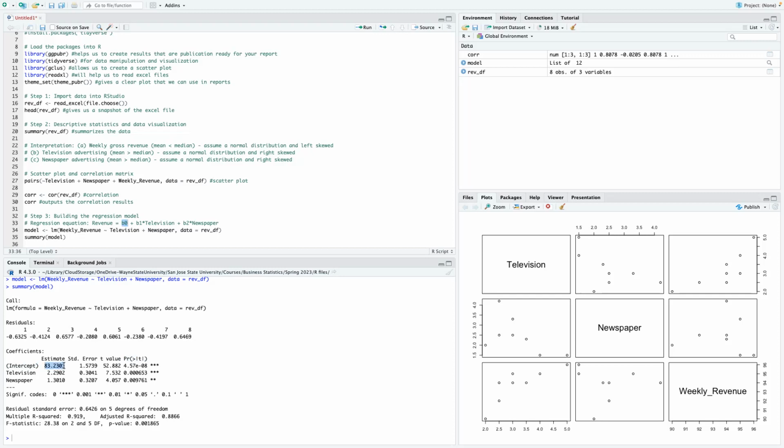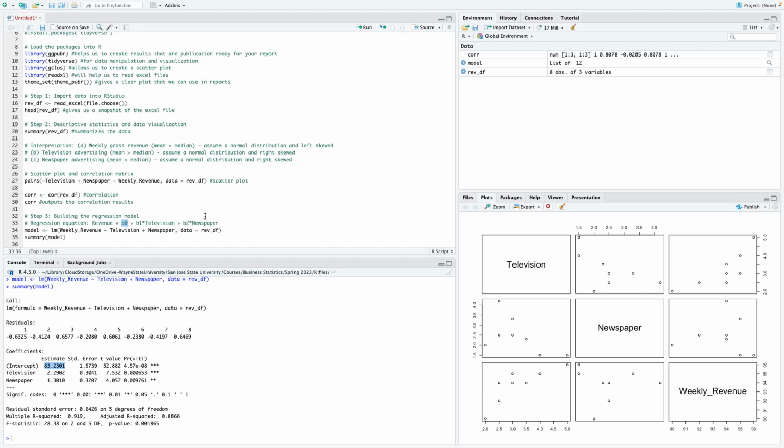And what that means is that if television and newspaper are kept at 0, if no money was put into television and newspaper, like no advertising money whatsoever, the company would make $83,230 as their weekly gross revenue, right?